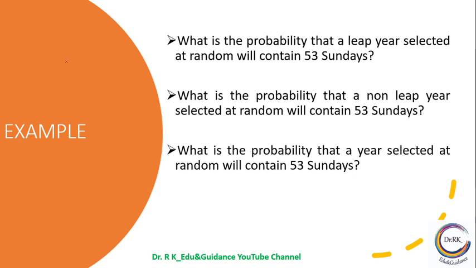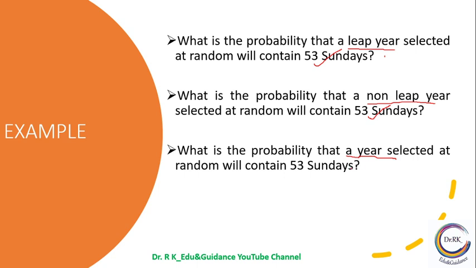Now another interesting example: what is the probability that a leap year selected at random will contain 53 Sundays? Probability that a leap year selected contains 53 Sundays. And next, a non-leap year selected contains 53 Sundays. And another example is a year selected where we don't know whether it is a leap year or non-leap year.